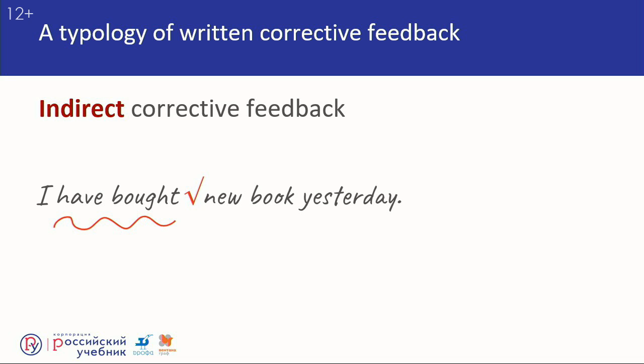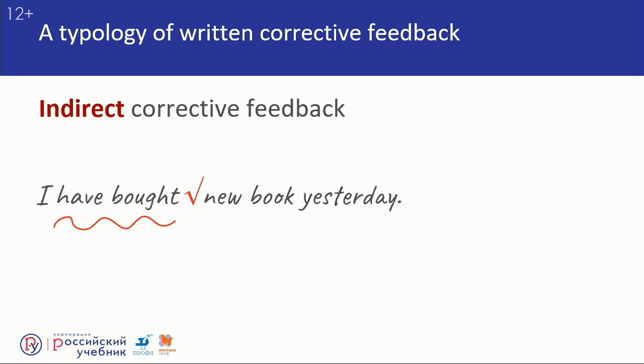I have only underlined some bits in the text, right, where there are mistakes, but I don't correct them myself because I want to do what? I want to get our student, like my student in this case, to correct it him or herself.